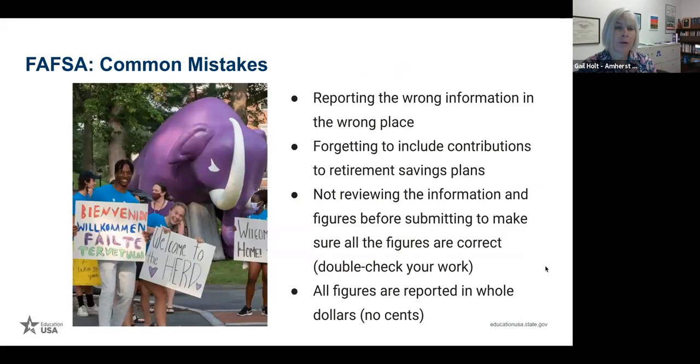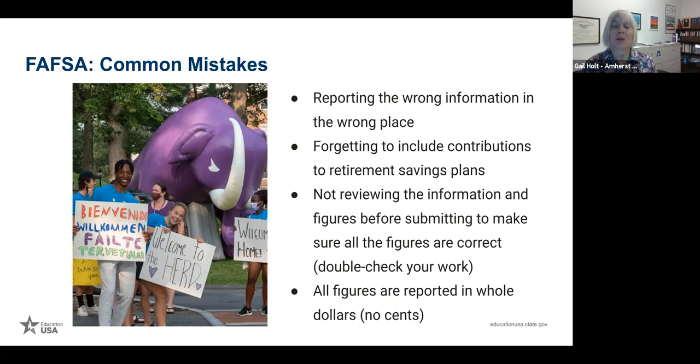So when we get into the common mistakes, they're really very similar to what Marie mentioned in terms of the information being in the wrong place. Oftentimes it's switching parent and student information, and that's something you don't want to do, because if you report parent income information in the student section, that's going to make it look like there's a whole lot less need usually than is probably the case.